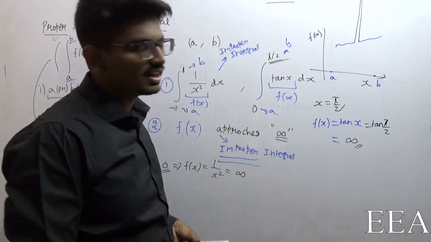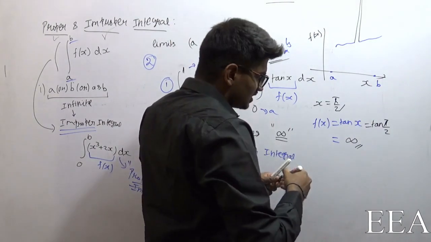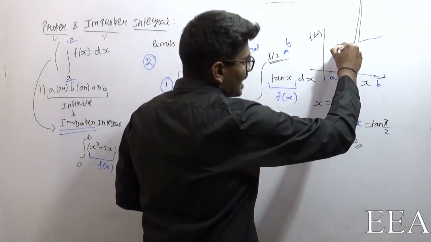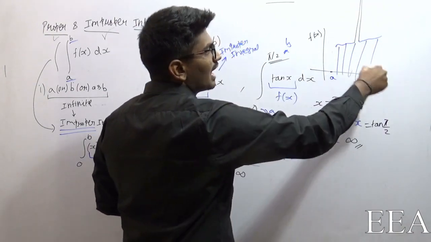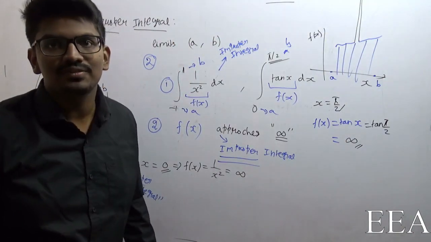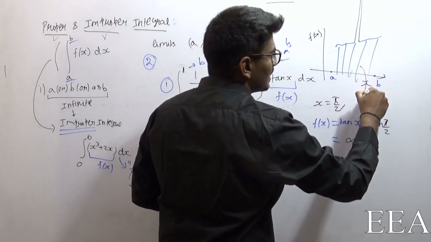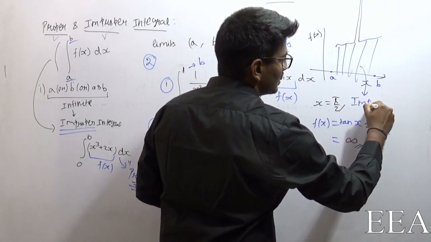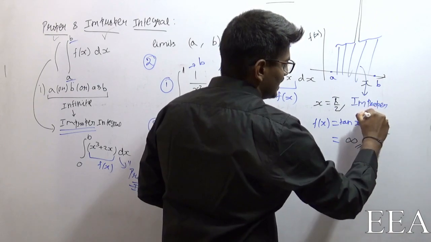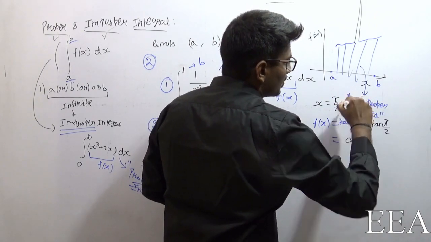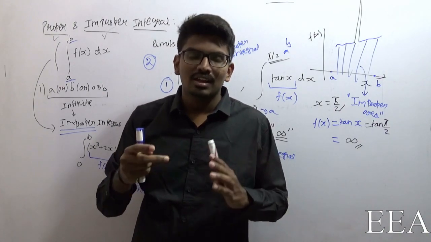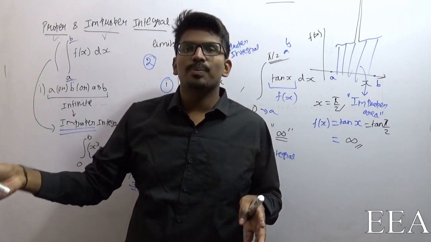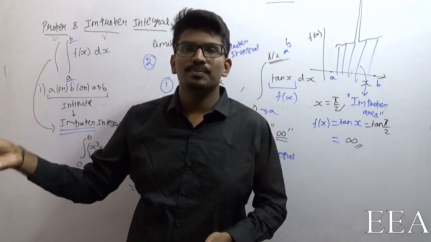So obviously the area under f of x also cannot be defined properly, because in between a and b there was one point where it is reaching infinity. Again I cannot define the area properly, so it is again an improper area. So a proper integral is a proper area and an improper integral is an improper area.